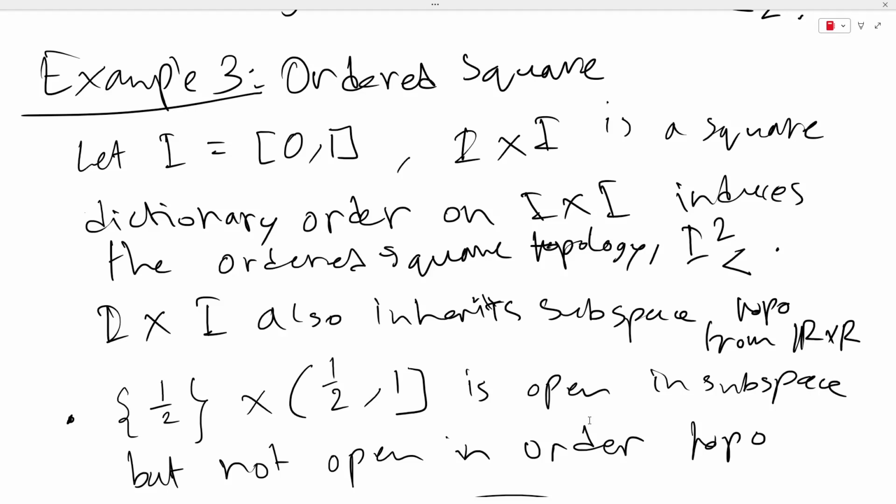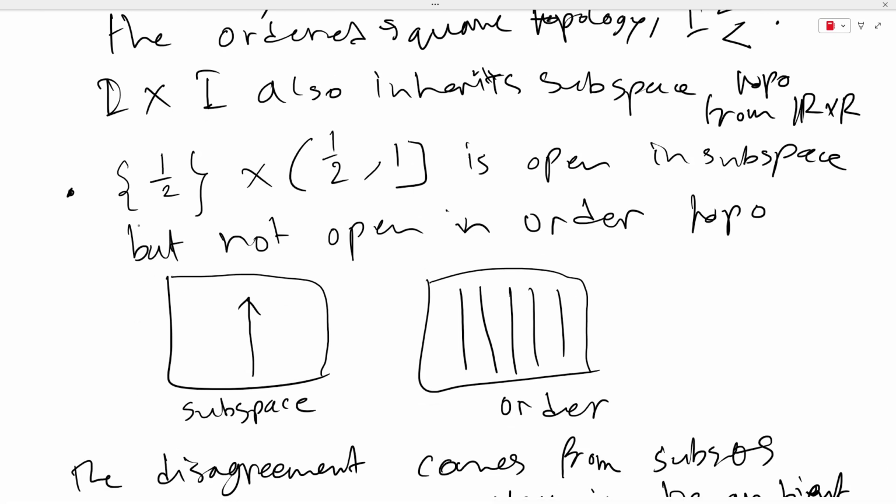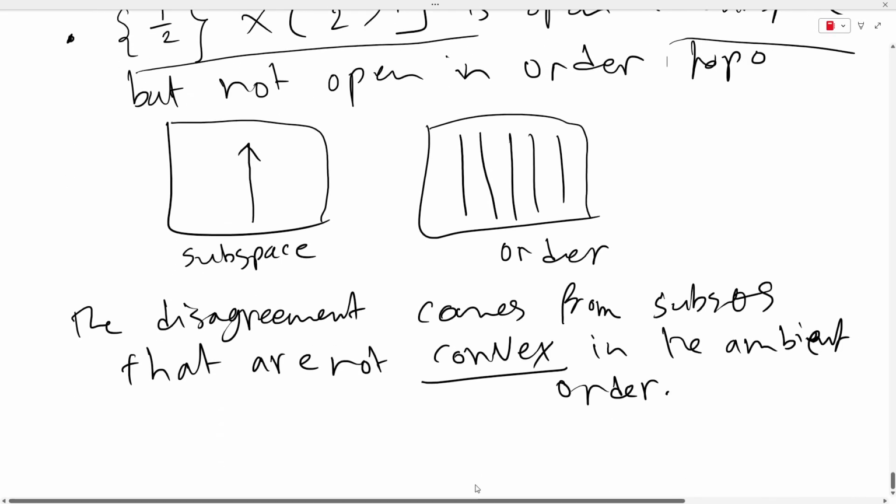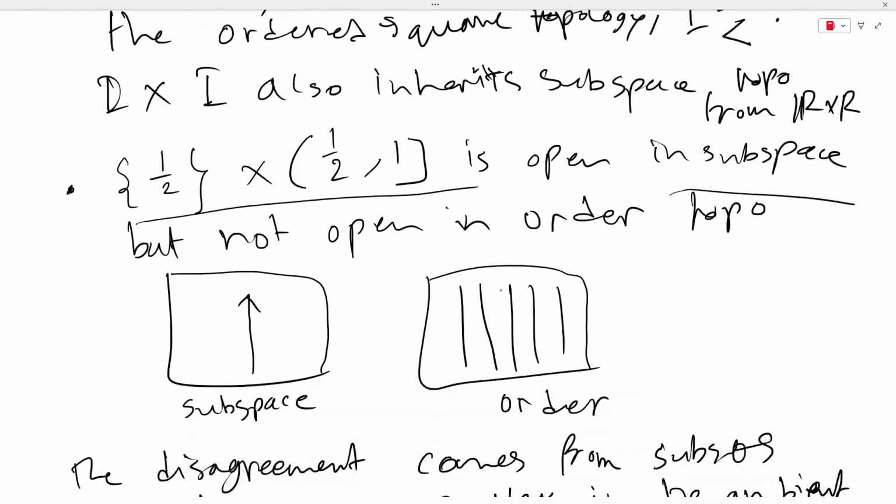There is this product topology which is open in the subspace, but it's not open in the order topology, because the order topology, if you remember, consists of the rectangles that you compare using the order. These lines are not unions of rectangles. Actually, forget what I said. I think I'm missing things out.